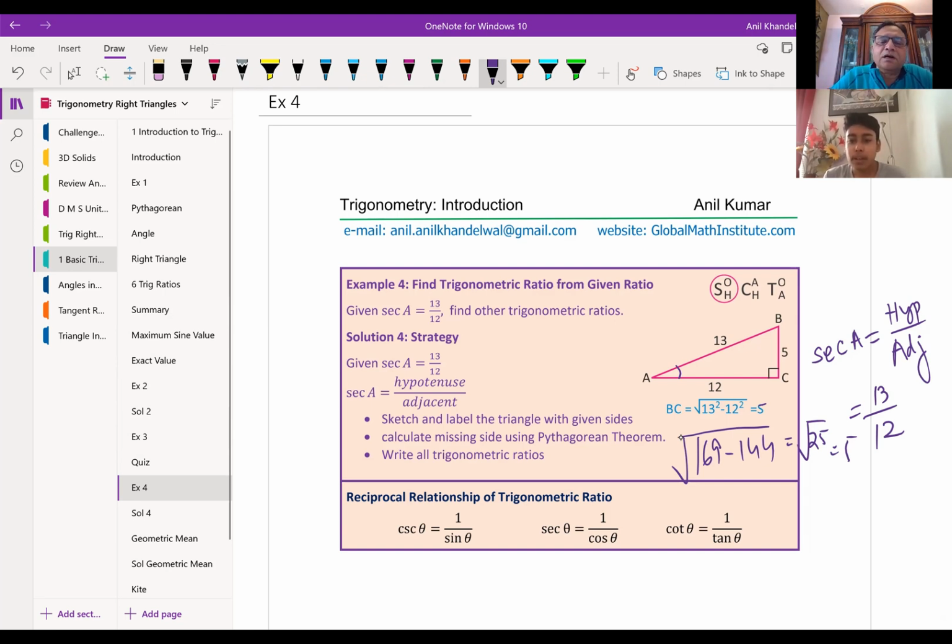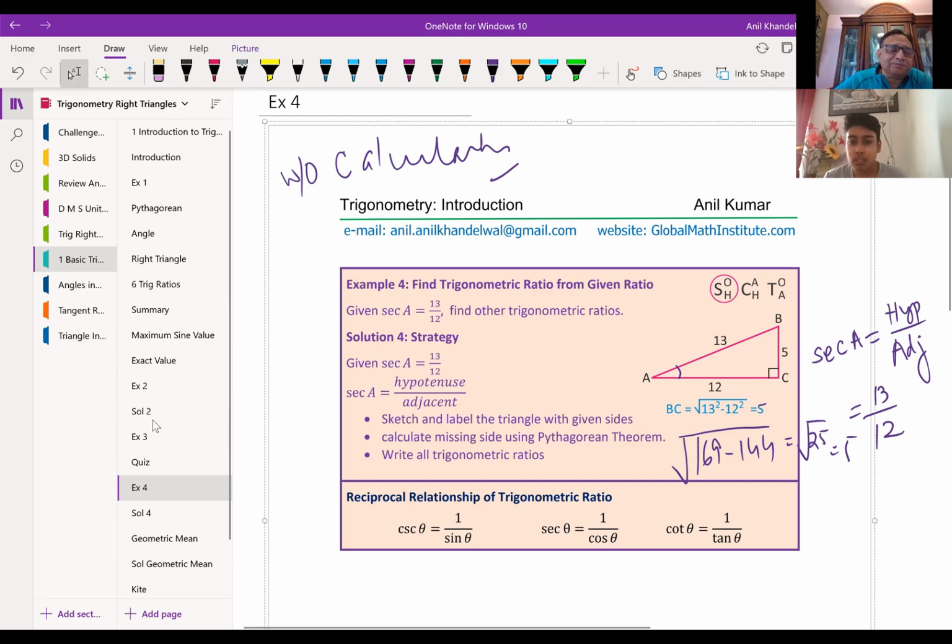Once you solve your triangle with the sides, then you can easily write down all the trigonometric ratios, primary as well as secondary, correct? See, this question is without a calculator. If a calculator was allowed, you could also find the angle first and then calculate all the trigonometric ratios. But the fun here is to use the basic definition and then write down the ratios.